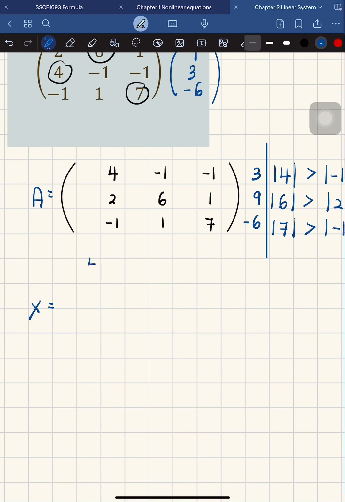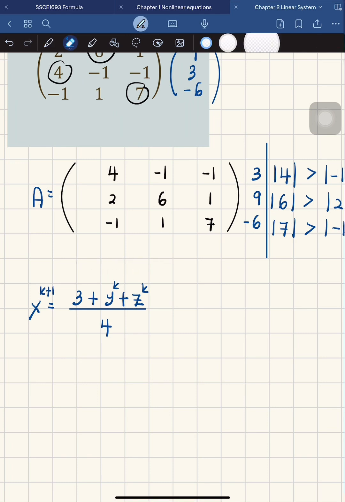from the first equation, we have 4x minus y minus z equal to 3. So we want x: x equals 3 plus y plus z over 4. This is the new value, but we don't have the value of y.